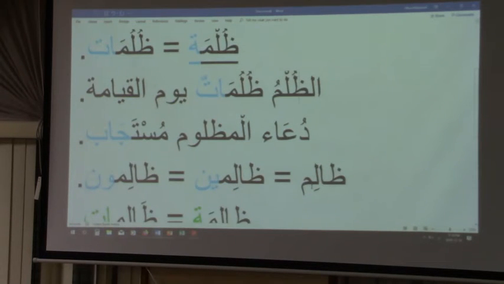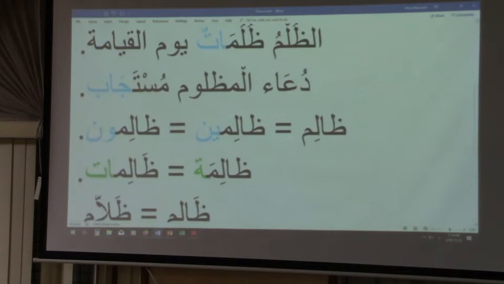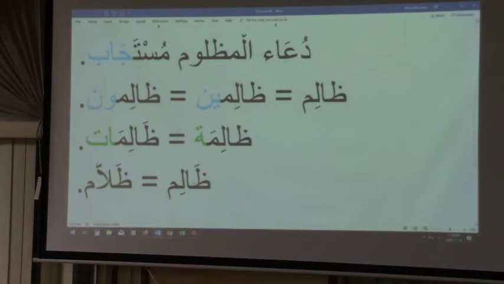ظالم, oppressor. Plural of ظالم, ظالمين, ظالمون. ظالمة, ظالمات. So ta marbuta, always plural of ta marbuta is alif and ta. ظالم, oppressor. And a person who does the oppression all the time, we call him ظلام.